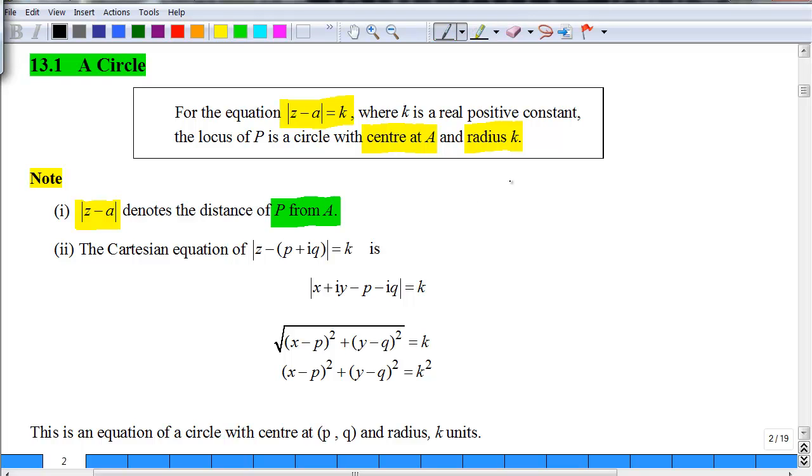Now, how do you check whether the locus we have just defined is indeed a circle? One way is to check whether the Cartesian equation is indeed the equation of a circle, and this can be shown in the process you see here.